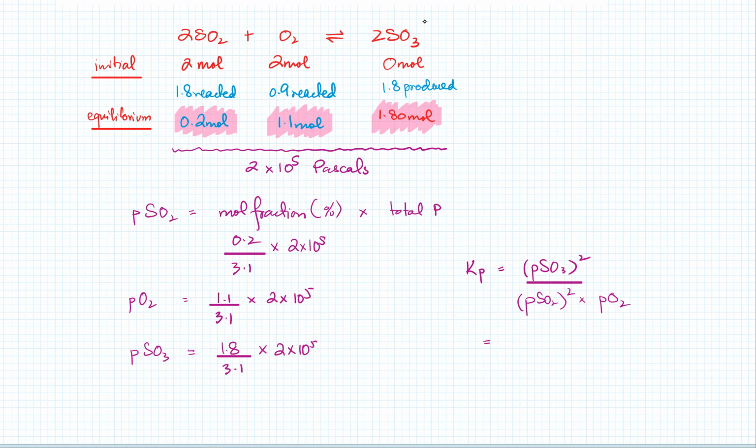So what I can actually do is simplify things a bit. Instead of putting everything in the calculator, what I can do is, SO3 here, that's 1.8, so on top I say 1.8 squared.